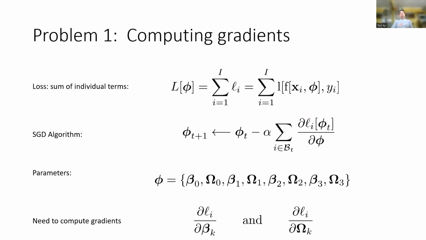So ultimately, the problem we have is we need to know: should we bump it up? Should we bump it down? Should we bump it up a lot or a little? And that's based on the gradients.